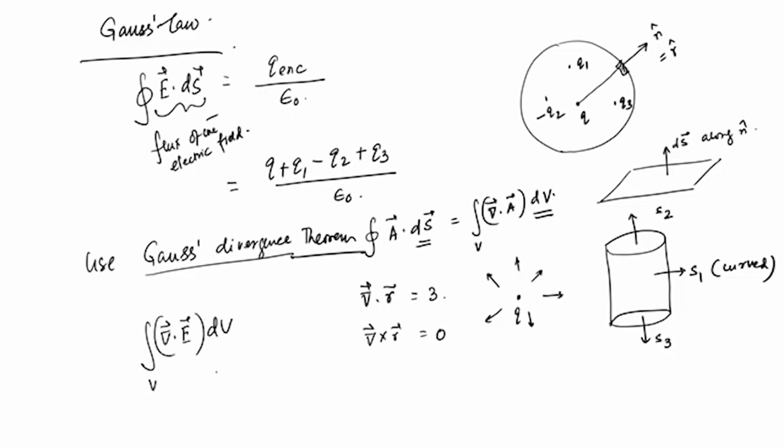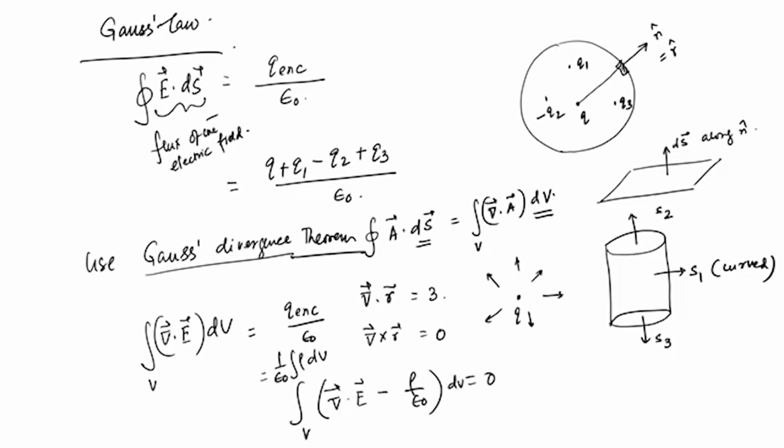So, there is a volume here, and this is equal to Q enclosed over epsilon 0, and if we are allowed to write this Q enclosed to be equal to the integral of rho dV for a continuous charge distribution. Now you see that the divergence of E minus rho over epsilon 0, over some arbitrary volume dV, is equal to 0.